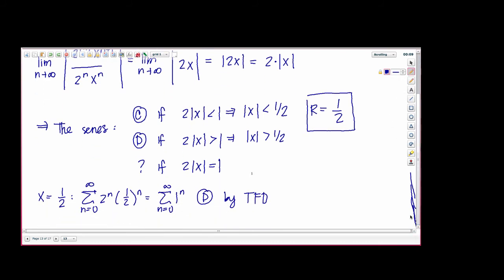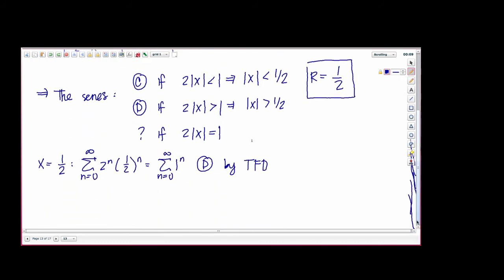Now let's see what happens at x is negative a half. Again, just plugging in x equals negative a half, we get 2^n times (minus 1/2)^n. 2 times a half is minus 1, so we get (minus 1)^n.